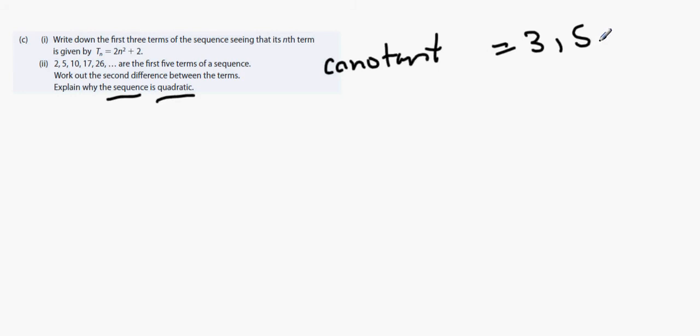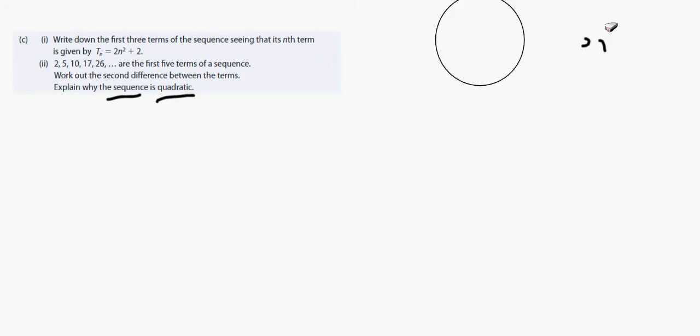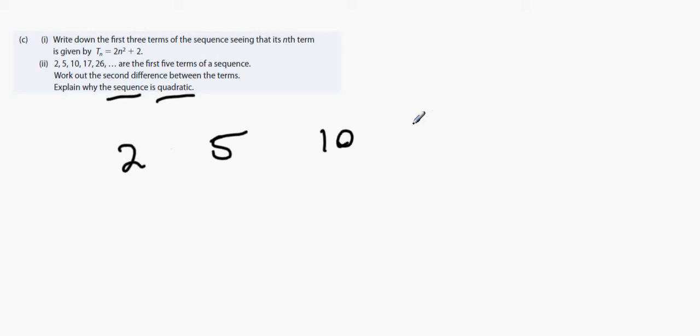A sequence is quadratic when the second difference is constant. And what constant means is a constant value like 3, 5, any number basically, okay? So we're going to find out what the second difference is. We have 2, 5, 10, 17, 26. Get the first difference.